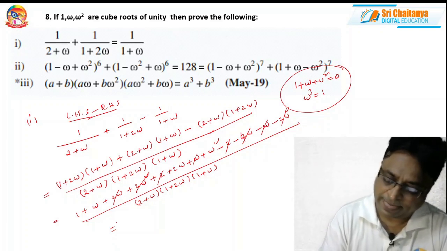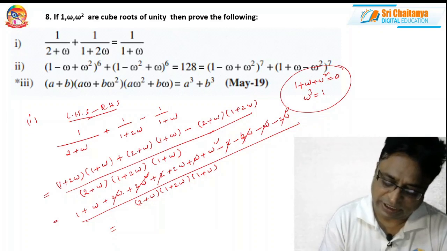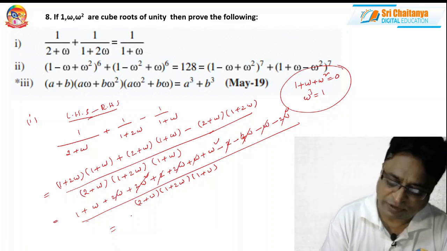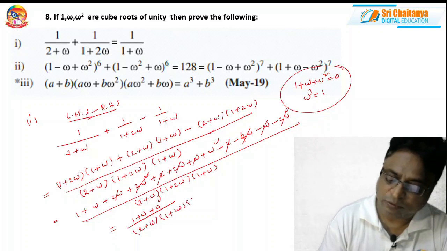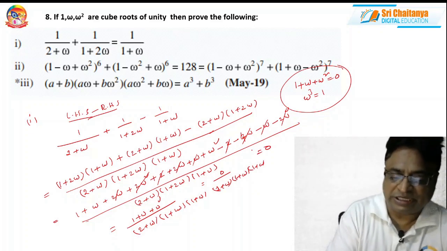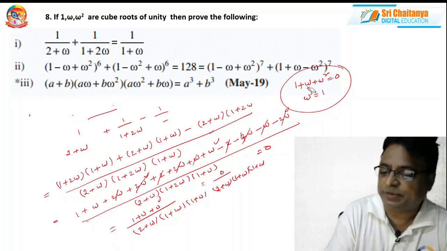Again, the 2 omega and 2 omega get cancelled. So ultimately, I got 1 plus omega plus omega square in the numerator, by 2 plus omega into 1 plus 2 omega into 1 plus omega. But that is 0. So 0 by that denominator is equal to 0. That's all. So LHS is equal to RHS. This is the proof.